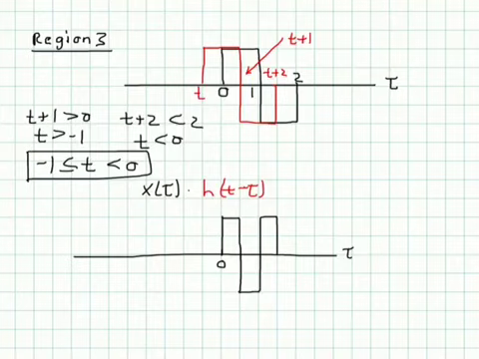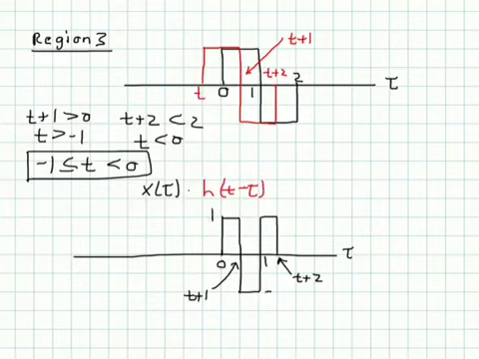And so I have to mark the edges here. This edge here is at t plus 1. And this edge here is at 1, and this edge here is at t plus 2. Okay, so that's what we have.